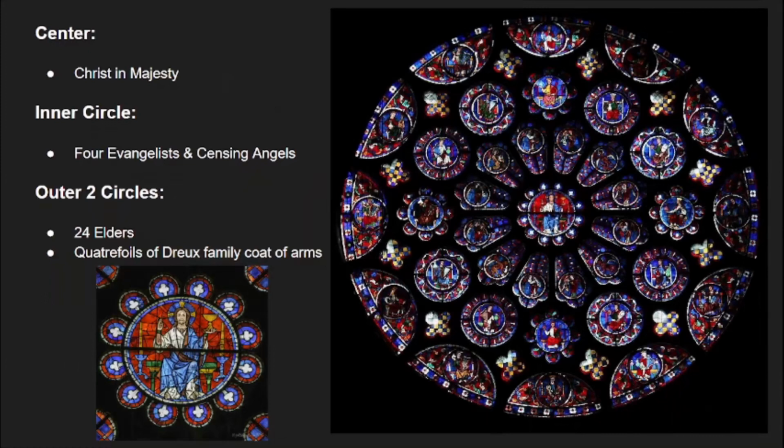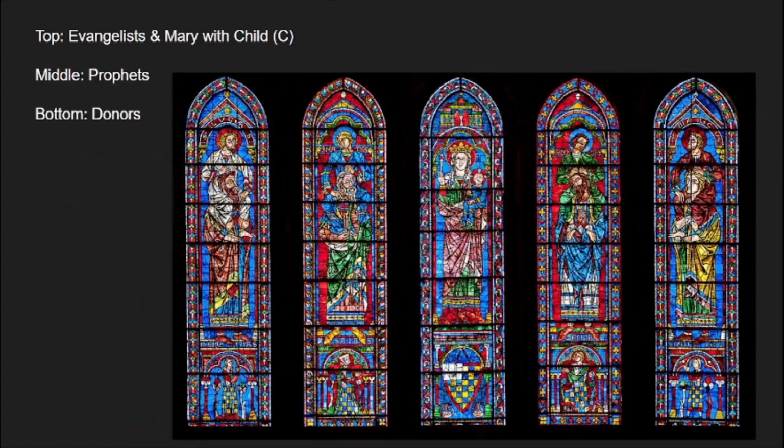Yeah, this is a little bit darker of an image, but you can get a good close-up on the middle there. Still a little hard to see the different elders of the apocalypse. A little bit again of a close-up of the evangelists along with Mary and Child in the center.